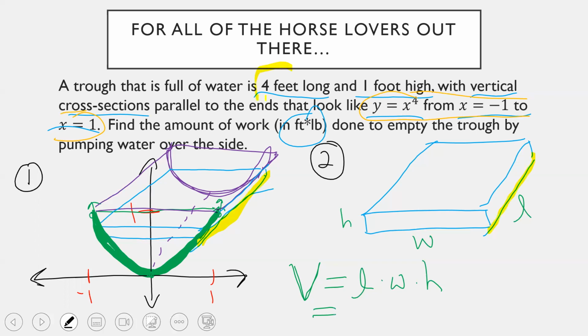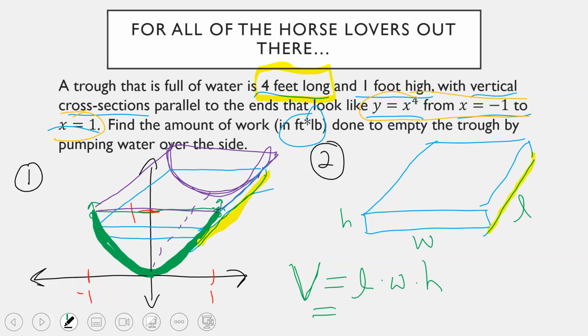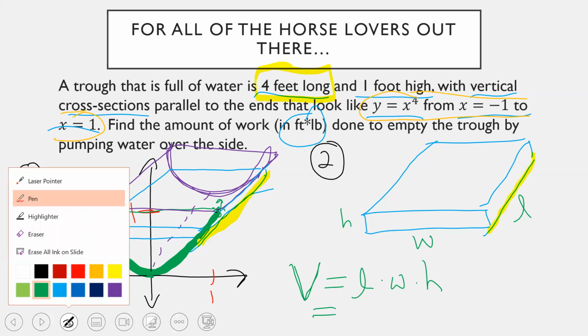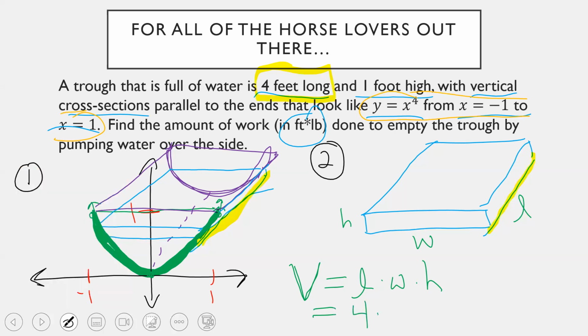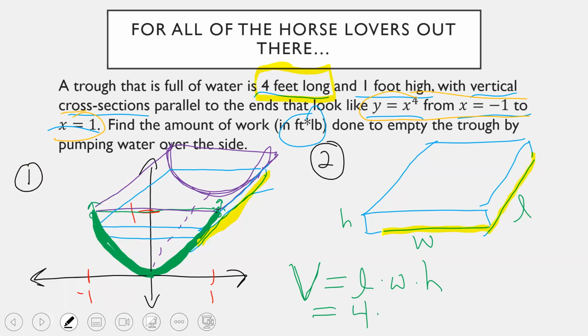And we're told in the problem that that is 4 feet long. So we know that what goes here is 4 for the length. The width is a little bit more tricky. So the width in our picture is this part here, which goes across here.